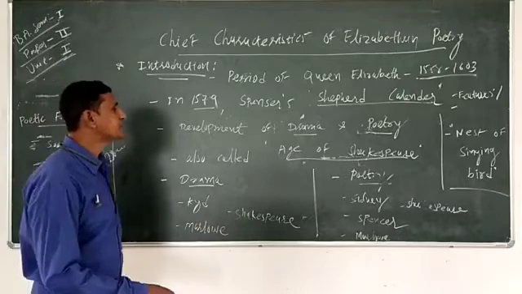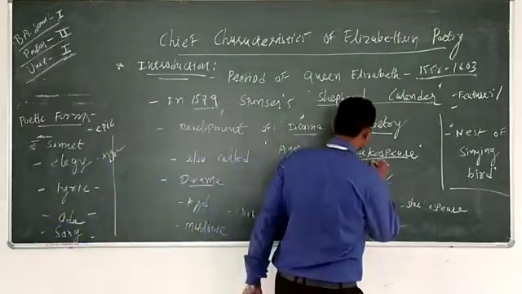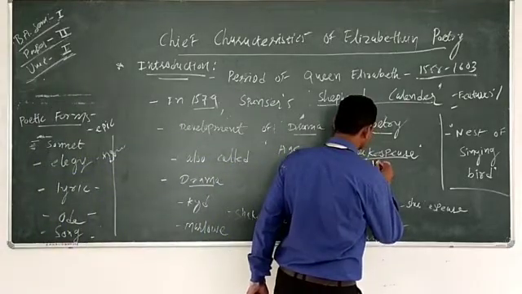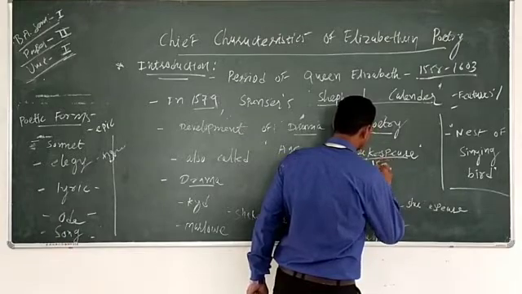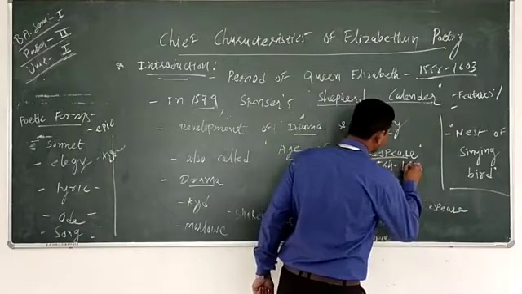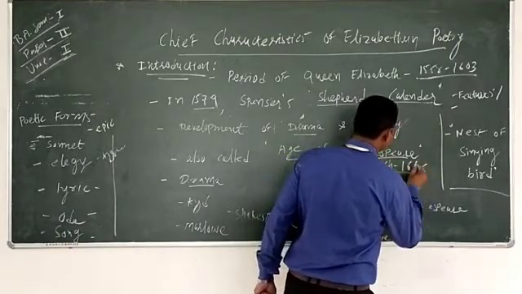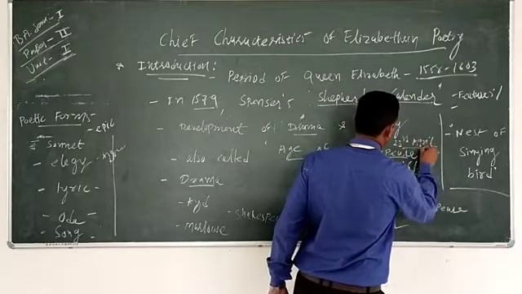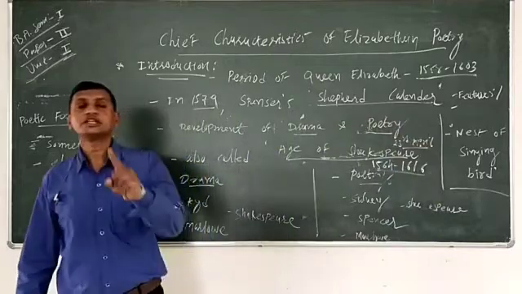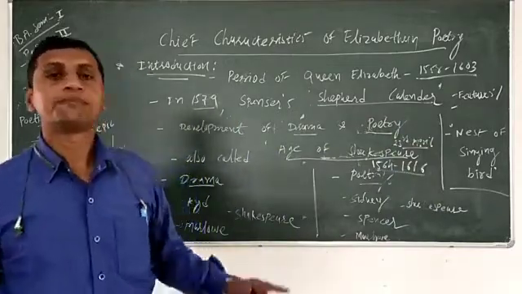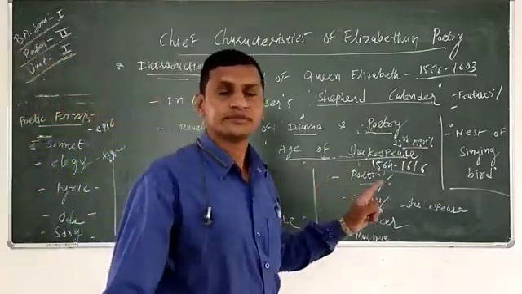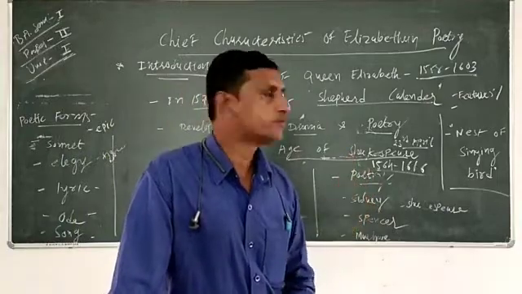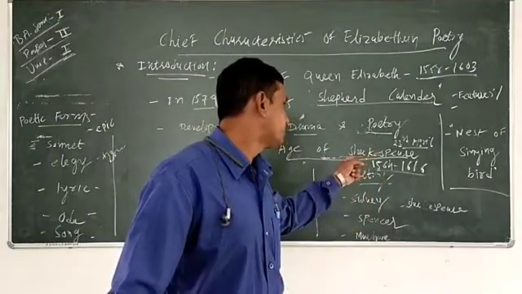Because of the time period of Shakespeare, you remember that: 1564 to 1616, and 23rd April. Shakespeare was born on 23rd April 1564.